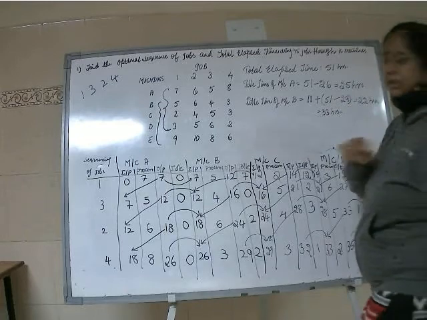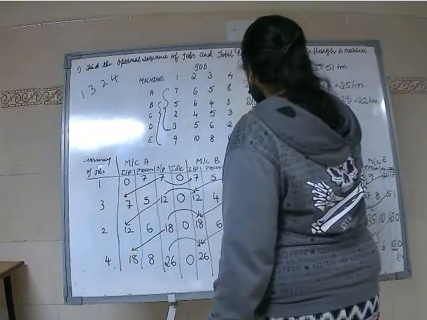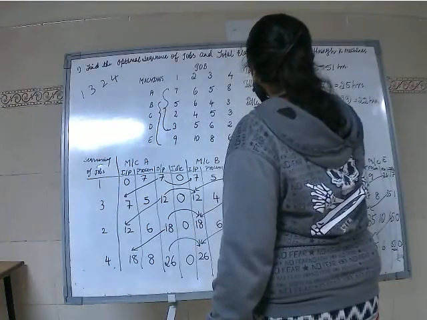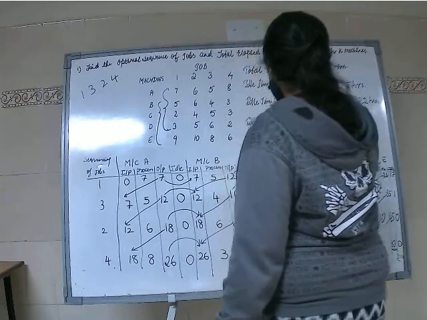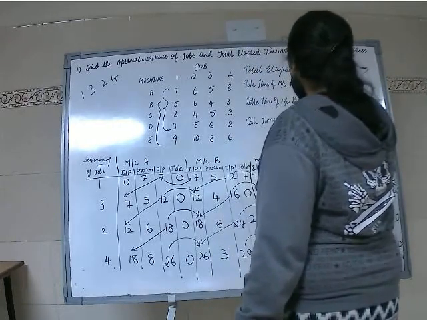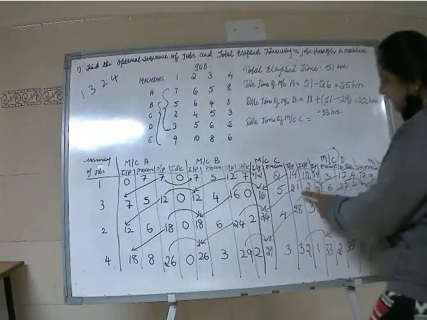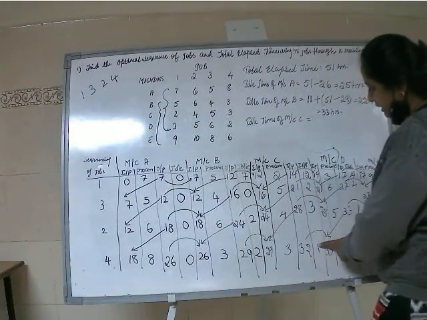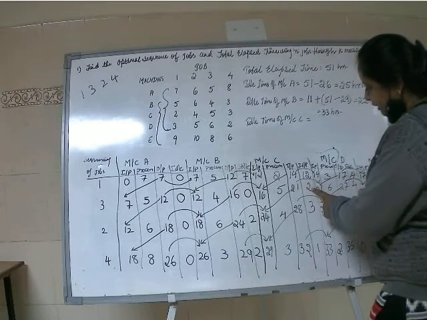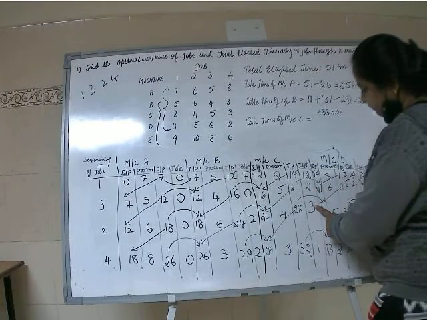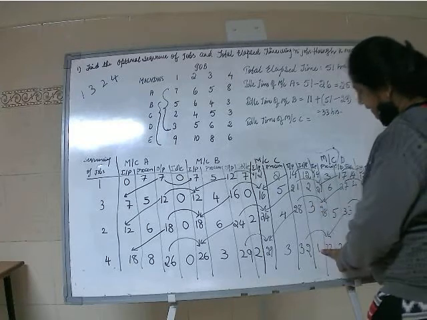Okay students, then next, idle time of machine C is equal to, I need to sum up the idle values of machine C, that is 12, 14, 17, 18.